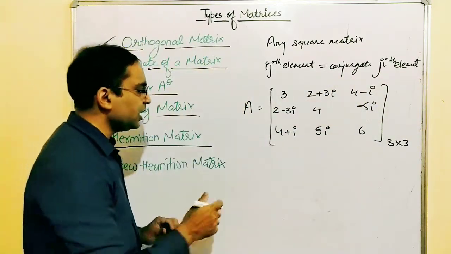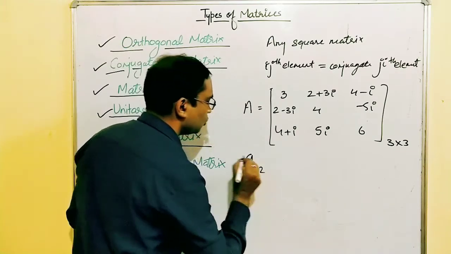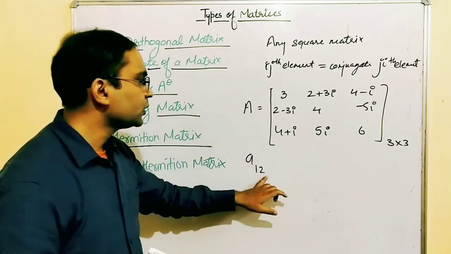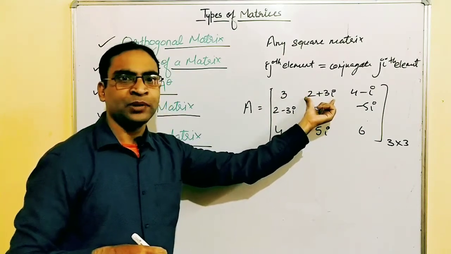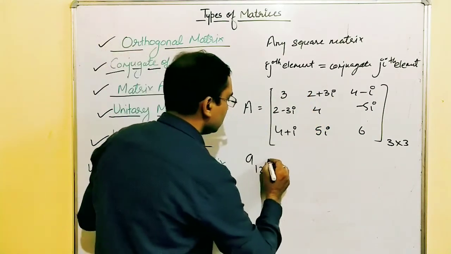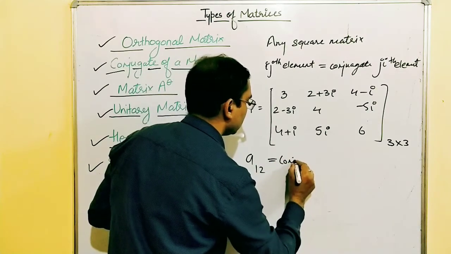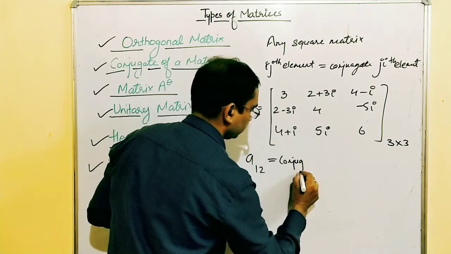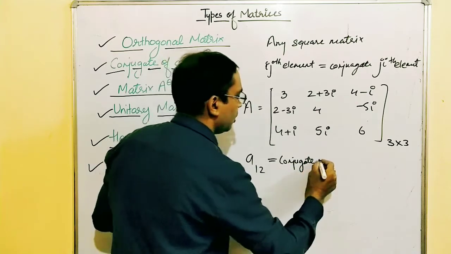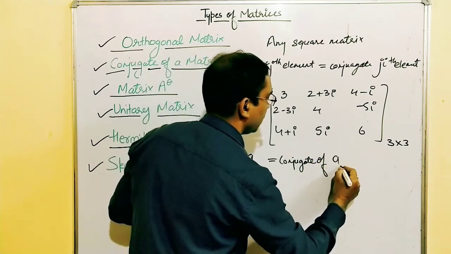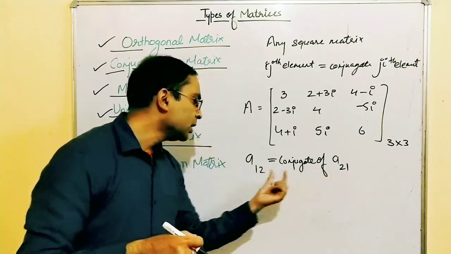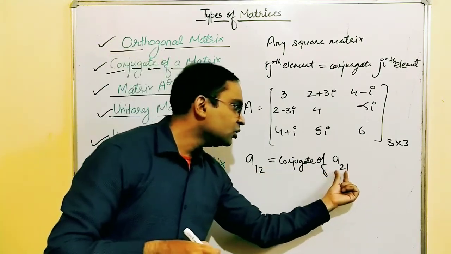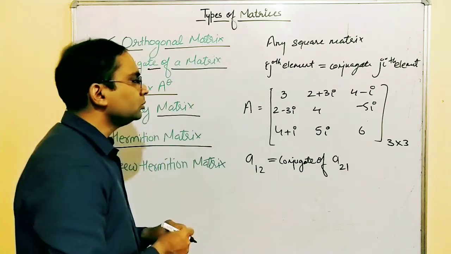So let's say we have the element a1,2. What is a1,2? First row, second column. Let's say 2 plus 3i. Now this should be equal to the conjugate of a2,1.